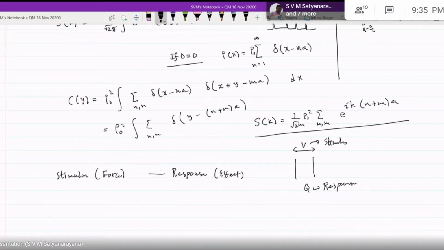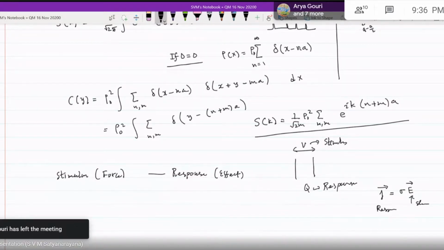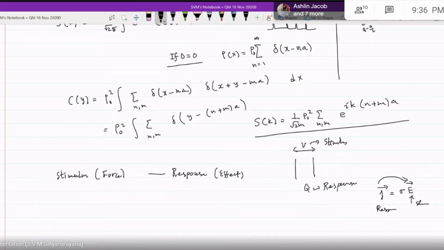Or let's say you apply an electric field and there is a current. So you have Ohm's law, right? J is equal to sigma times E. So this is like stimulus, and this is like response. And if this J is linear to the stimulus, then you call that a linear response. That is kind of an assumption, in the sense that when you apply weak fields, you can assume the response will be linear.